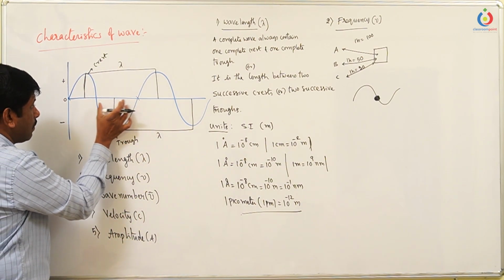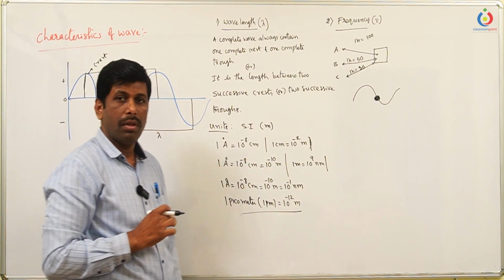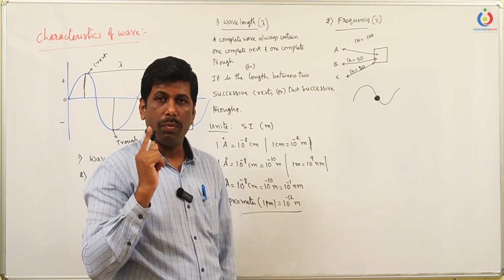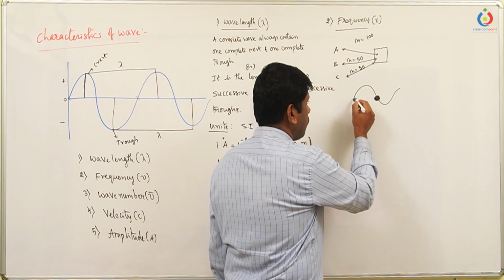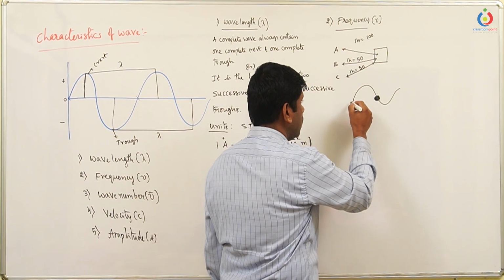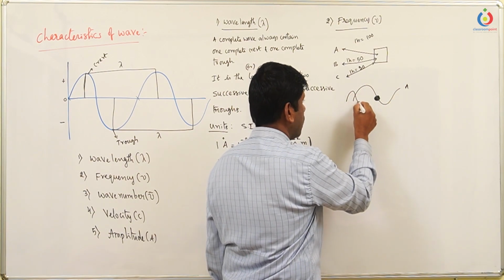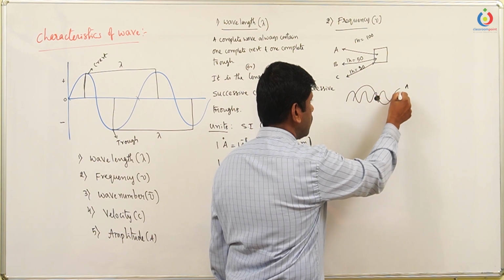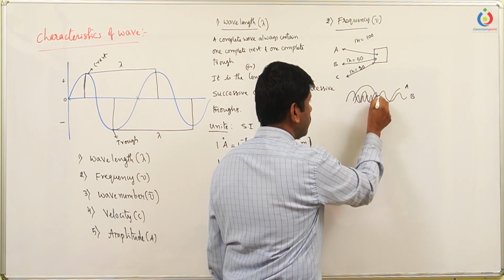If you cut this trough and add it here, it becomes like a cycle. So one wave is nothing but one cycle. See, this is wave A, and another wave is there. This is wave B. Next, wave C is there.